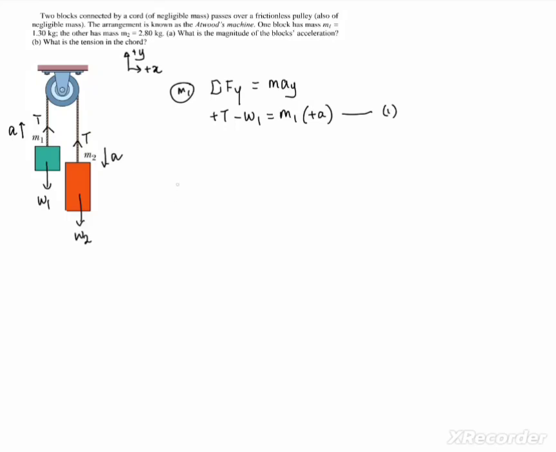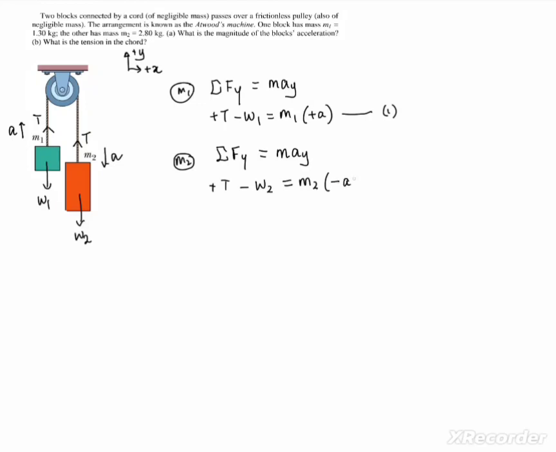And then if you look at M2, let's do the summation of forces in y. Fy equals M a_y. So we have positive T and then negative W2 equals M2, because we are looking at the second block, times the acceleration. The acceleration is negative because A is pointing down and the positive y direction we chose earlier is upward.